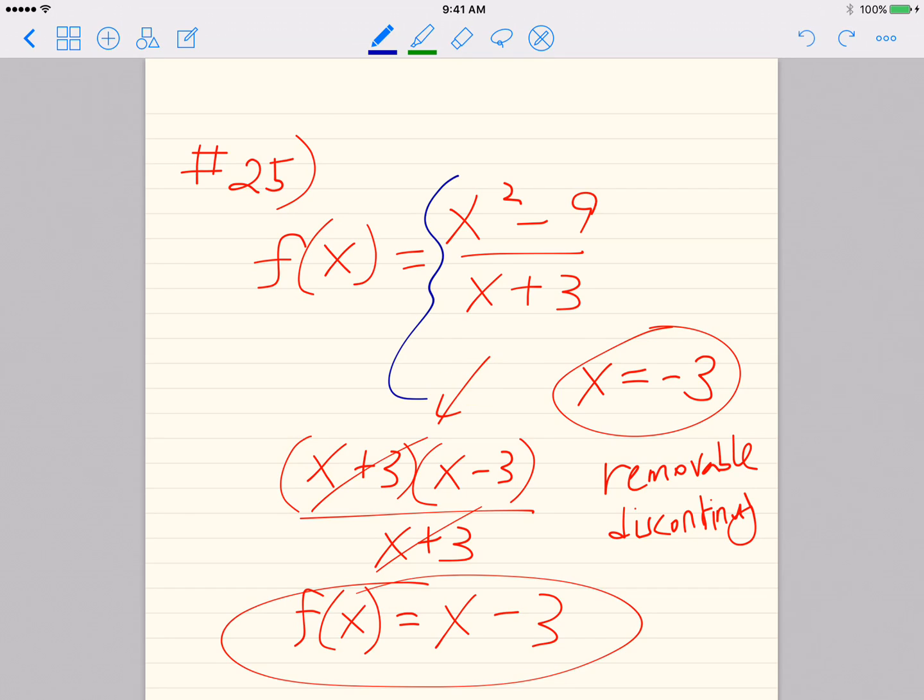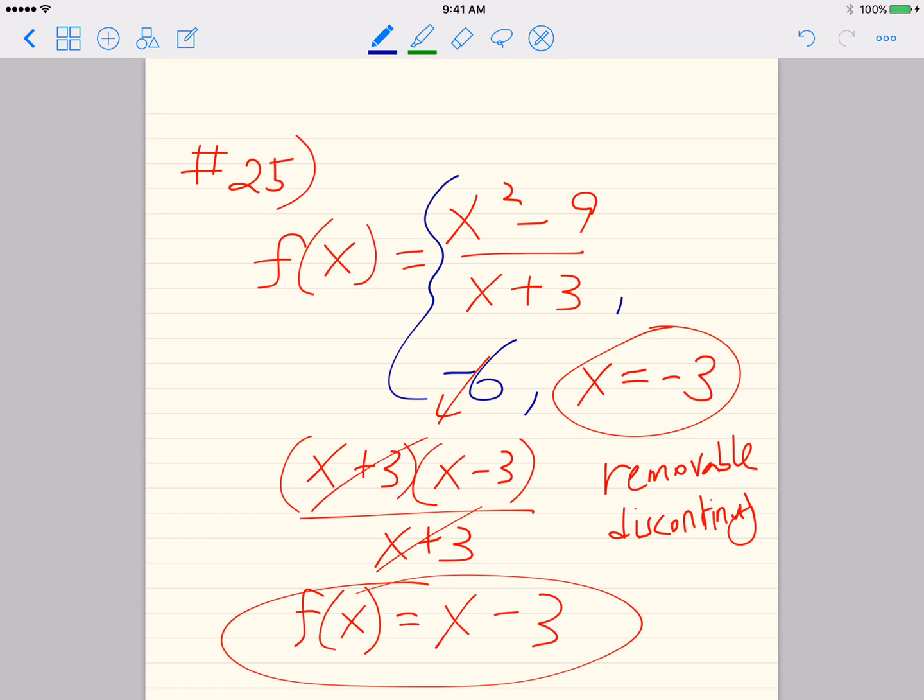I'm sorry, your y value to be -6, because -3 minus 3 would be -6 when x equals -3.